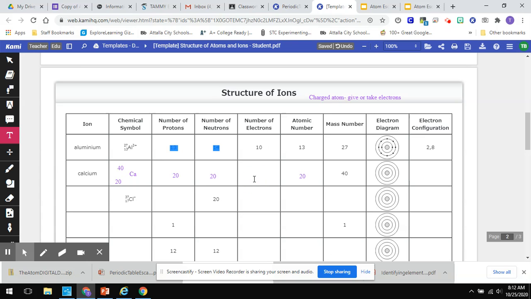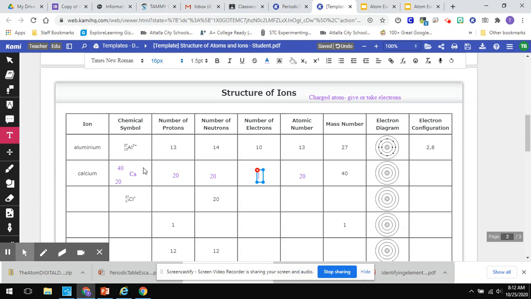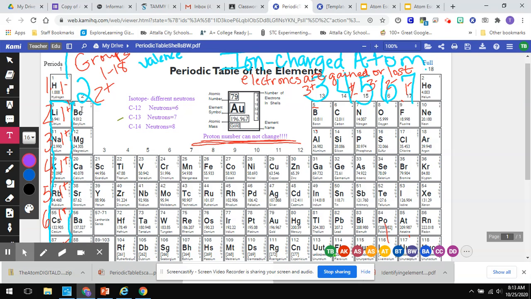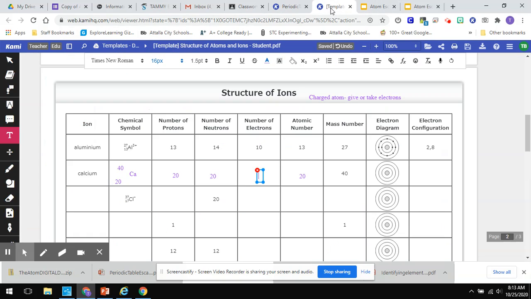And then our electrons. So what we've got to do is go look at the periodic table and see what group calcium's in. So it's in group 2. And we identified that group 2 is going to have an ion charge of 2 positive because these elements are all going to have 2 valence in their outer shell, meaning that they would need 6 more to get full. So they're just going to give the 2 away in their outer, meaning that they have 2 more protons than electrons.